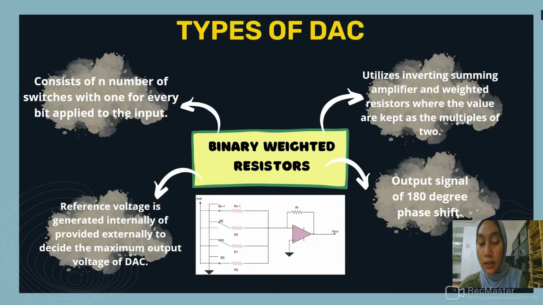This circuit utilizes an op-amp, in this case an inverting summing amplifier, and the weighted resistors used here are kept as multiples of 2. For example, if V1 uses a 1 kilo ohm resistor, the next input V2 would use a 2 kilo ohm resistor, and this results in an output signal with a 180-degree phase shift.